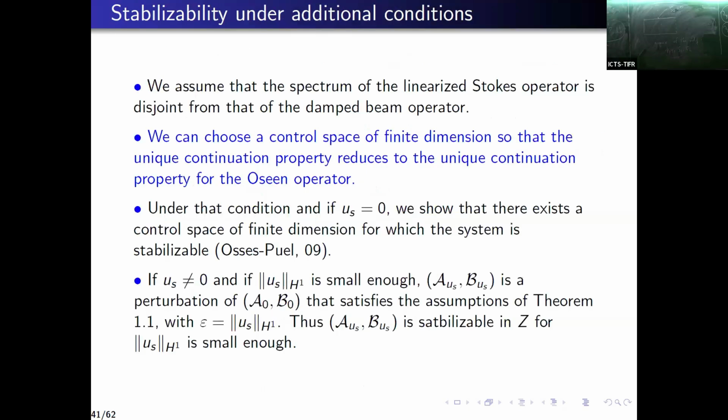What I can do is the following. If we assume, it is not proved, but it can be checked numerically, at least it is a generic property, that the spectrum of the linearized Navier-Stokes Oseen operator is disjoint from the spectrum of the damped beam equation, then we can prove something.